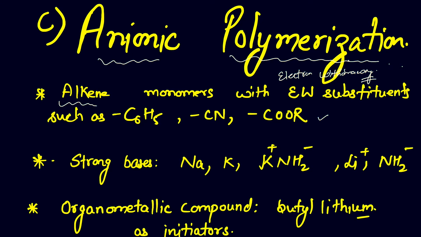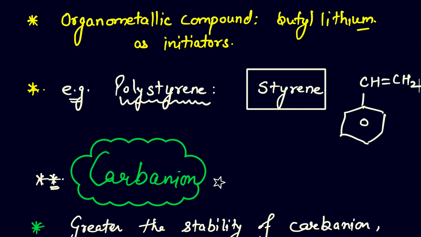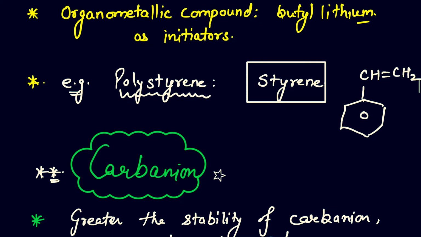It occurs in the presence of strong bases, that can be sodium amide or potassium amide or lithium amide simply. Organometallic compounds such as butyl lithium act as an initiator for this process. Examples include polymerization of styrene to form polystyrene.